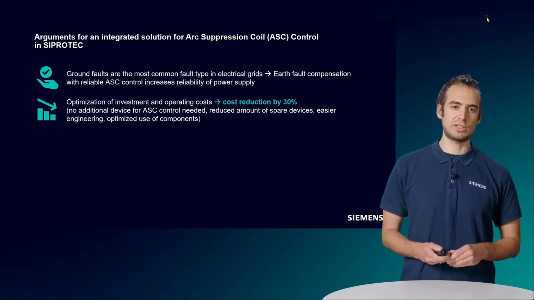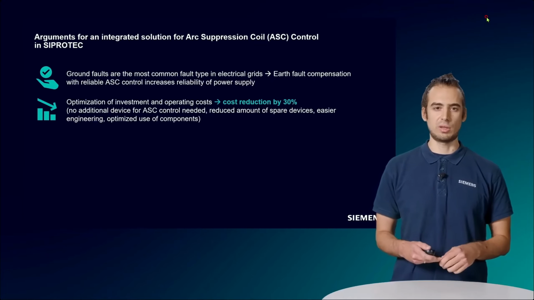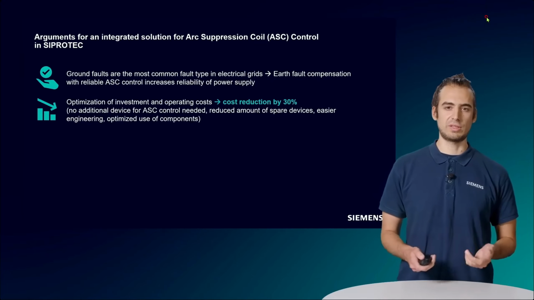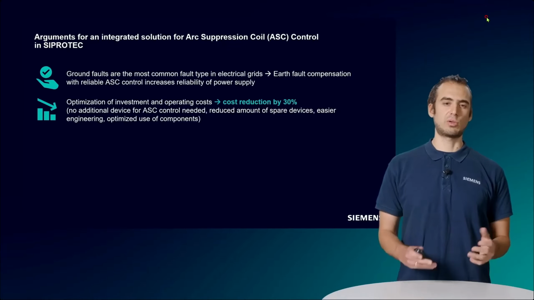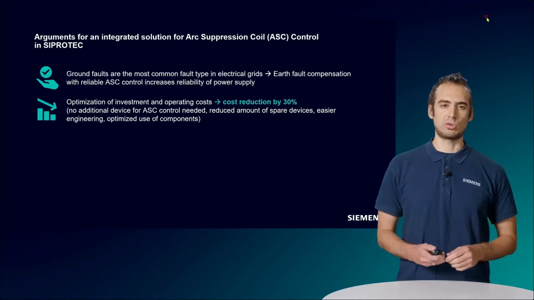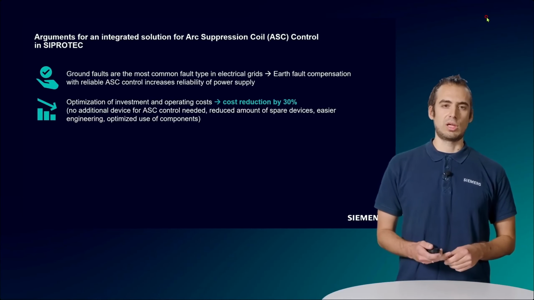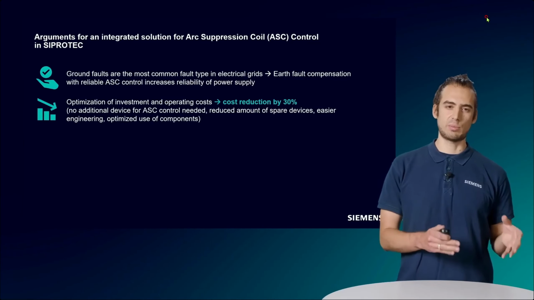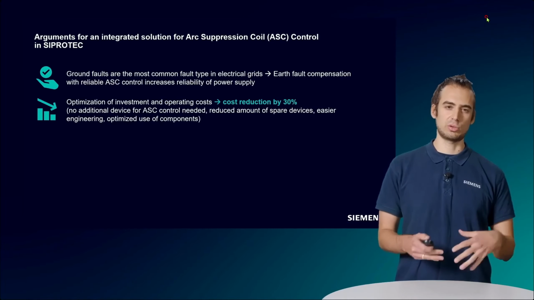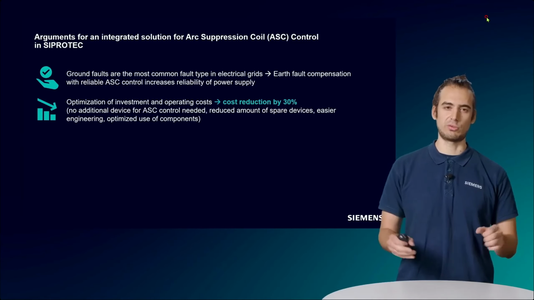One big advantage is that we can significantly reduce our operating and investment costs, because we now do not need anymore a separate device for the control of the arc suppression coil. We can use the SIPROTEC device for protection and for control. We also do not need separate spare devices anymore, because we can also use SIPROTEC devices as spare devices and can use them for different purposes.